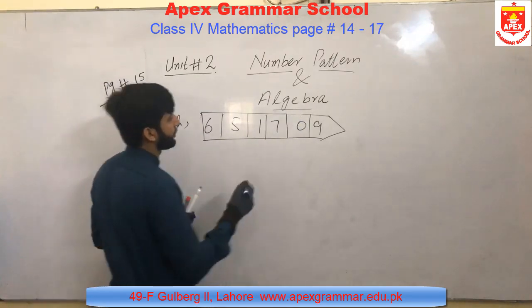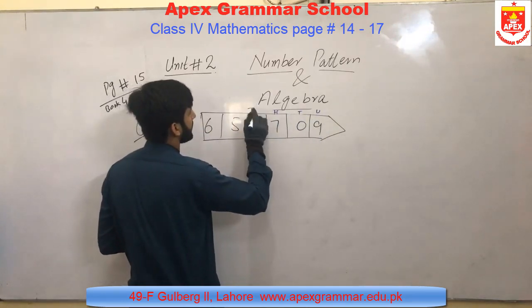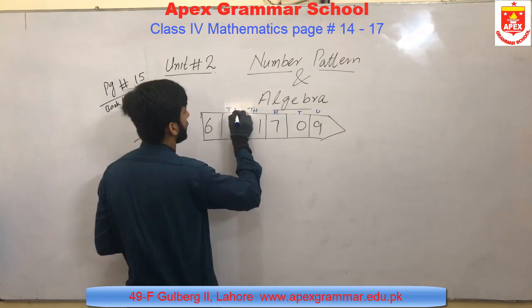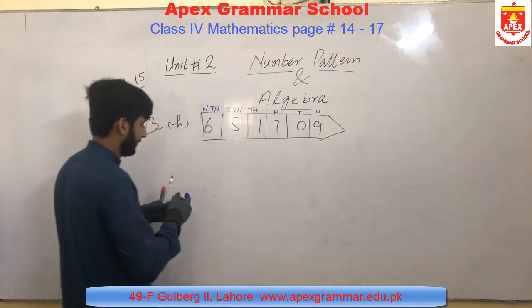Once again, write down the position: unit, 10, 100, 1000, 10,000 and 100,000.